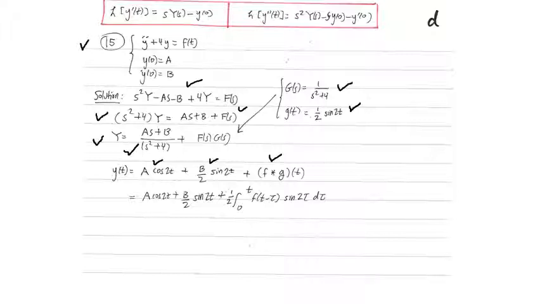So that gives us our final answer here, the first two terms, which we found in the previous step, and then just writing out the convolution, we have this expression. So that whole thing then would give us the solution of that initial value problem for any a, any b, any right-hand side function f.